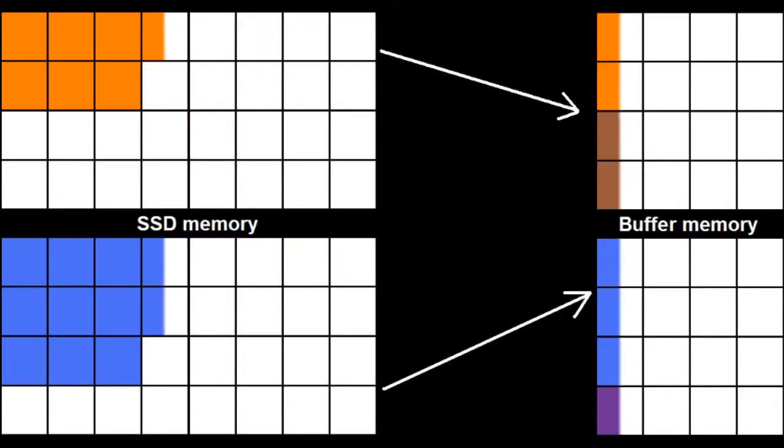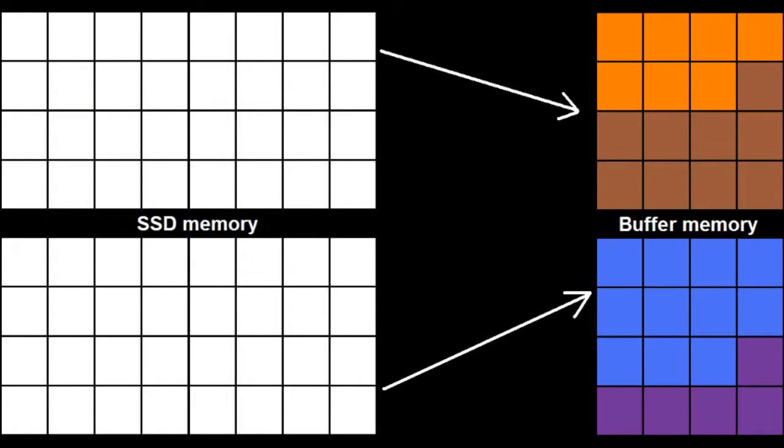Once it goes into the buffer memory, now you can see how they're neatly organized in sequence. Now you get the orange, the brown, the blue, and then the purple, all neatly packed together in one continuous stream. If you look to the left, now you have all the empty blocks the drive can write to.